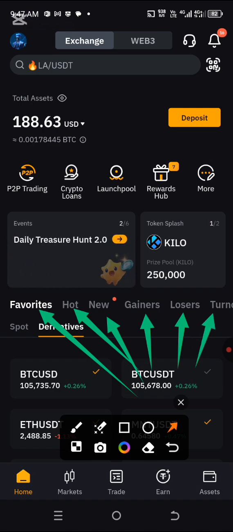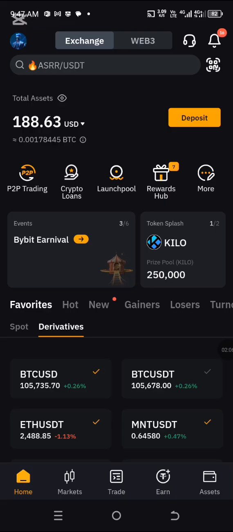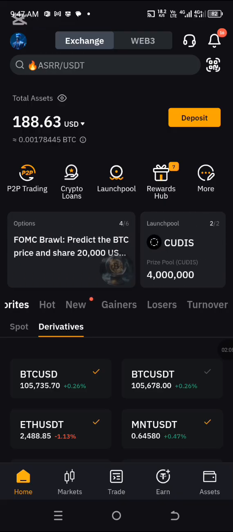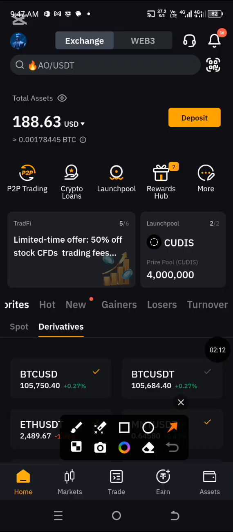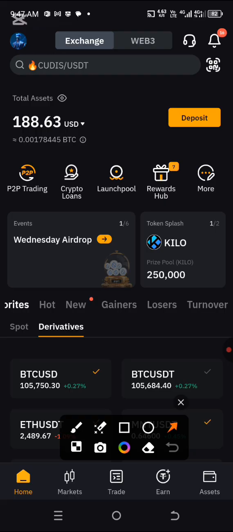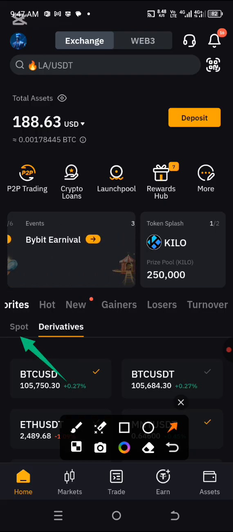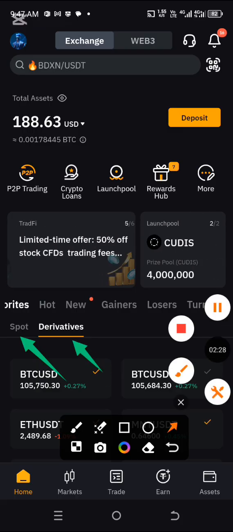You'll be seeing them here, turnover. Then there are these other two buttons you are seeing here. This is where you can navigate to which market you want to work with, whether spot or derivative. So that's for this place.